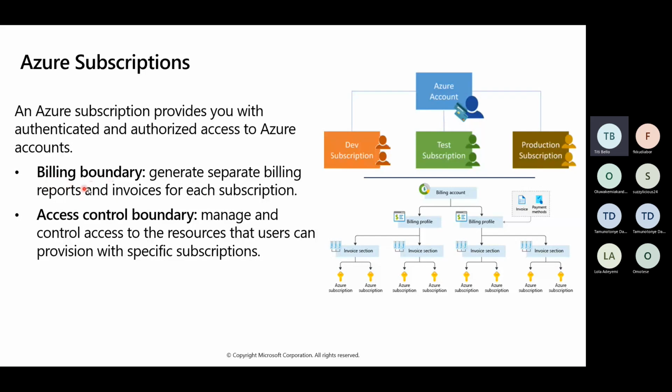So already I've explained this billing boundary that generates separate billing reports and invoices for each subscription, depending on how it's set up. Then there is the access control boundary. This can also be another scenario where you will have multiple subscriptions, related to the departments we're talking about.